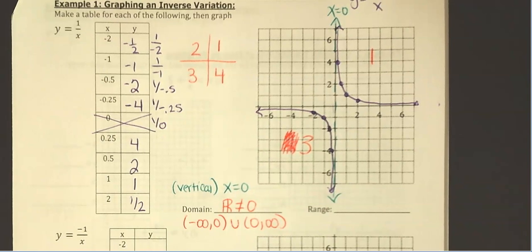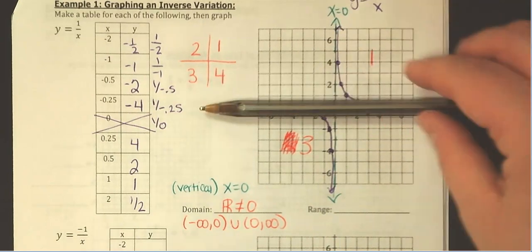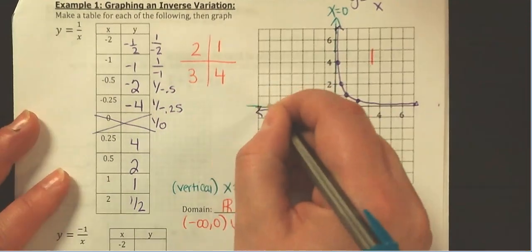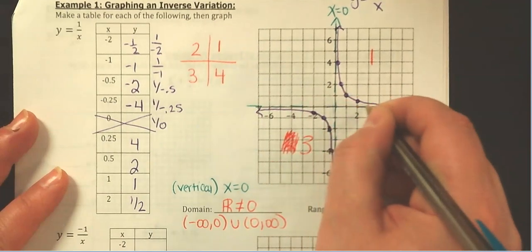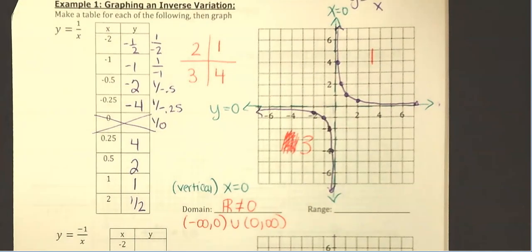What would you guys write down for the range? Like, how does the graph move up and down? It's the same. One of the branches goes down forever, one of the branches goes up forever, but we don't touch here in between the branches, which in this graph is just your x-axis, and that has the equation y equals 0.